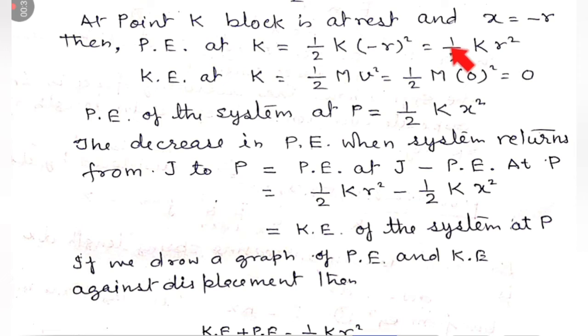This becomes half kr square, because the square of a negative number is always positive. Kinetic energy at K is equal to half mv square. At K, the block is at rest, so its velocity is 0, so half mv square is equal to 0.